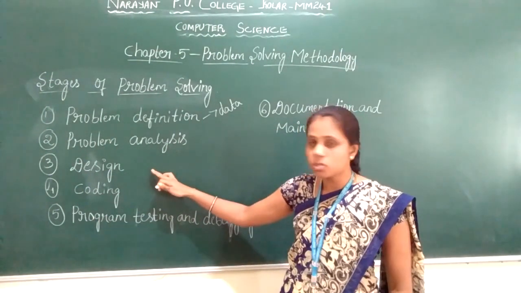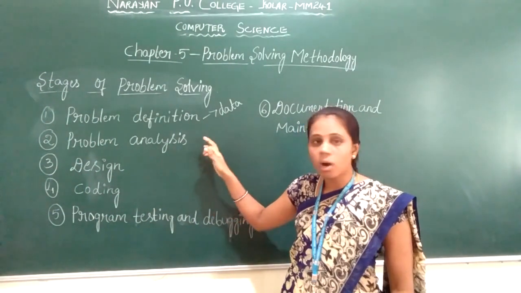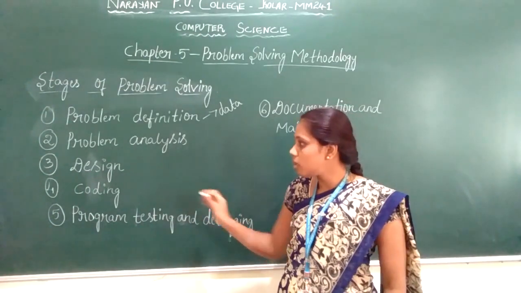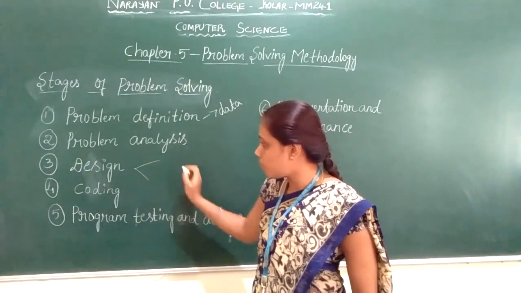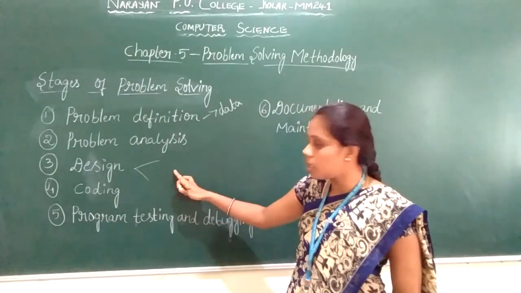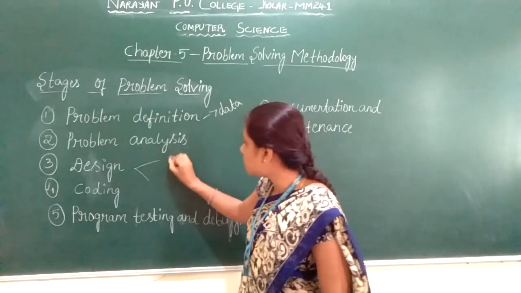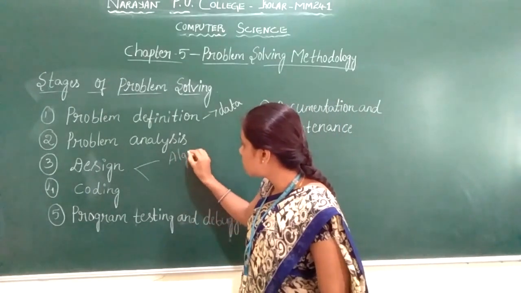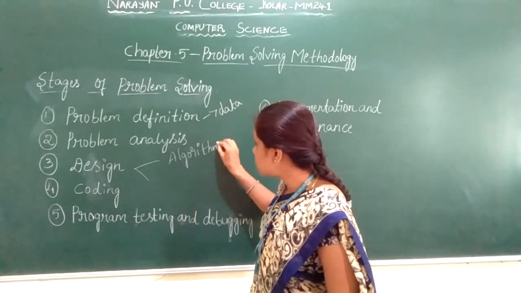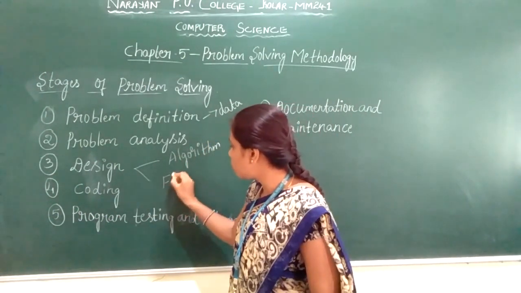In the next stage, the design stage, after analyzing the problem, we are going to design using different techniques. Here it involves two basic steps, that is, one is algorithm and second one is flowchart.